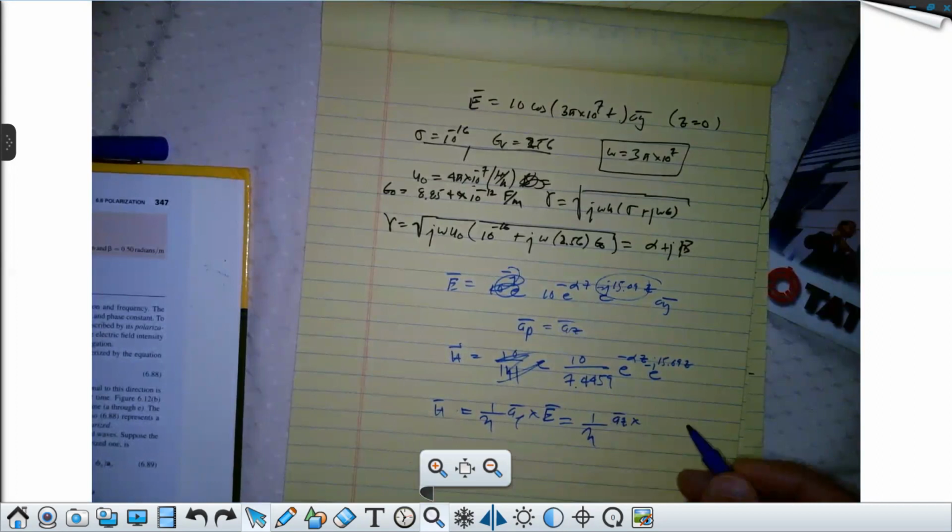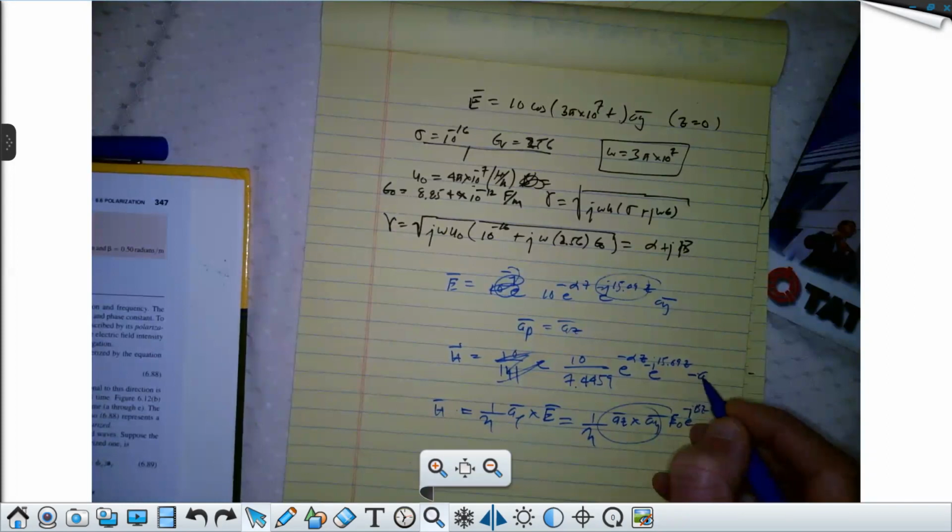The E field's unit vector is a_y, right? And then you would have, of course, the scalar part here, E naught e to the minus j beta z. What is a_z crossed a_y, anyone? Negative a_x. Right, minus a_x. So this is going to be in the minus a_x direction.